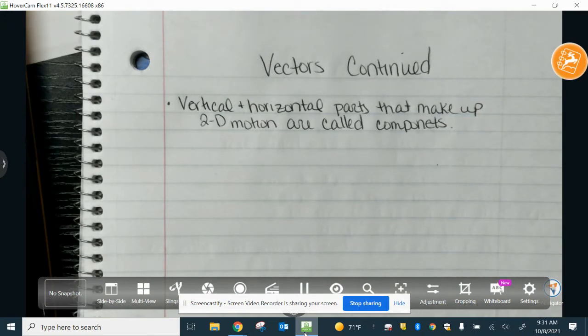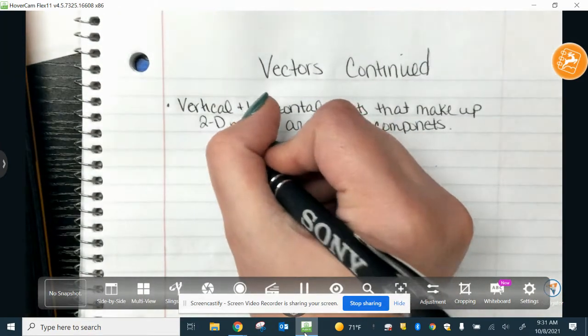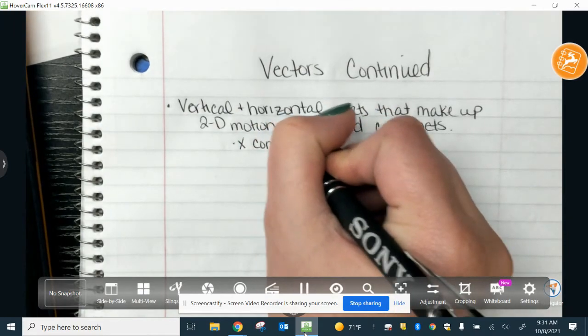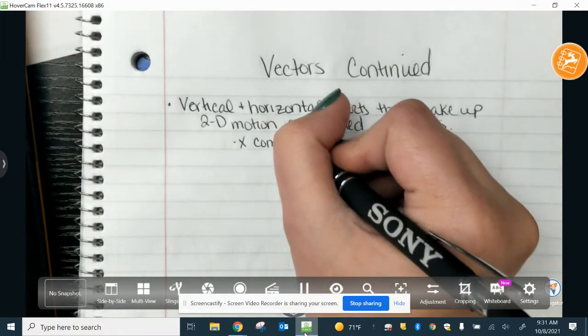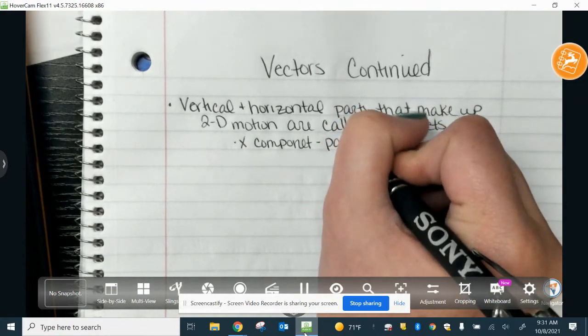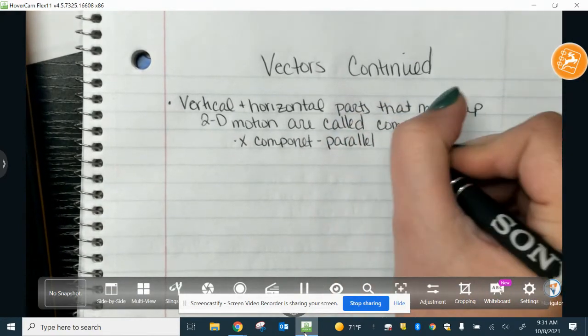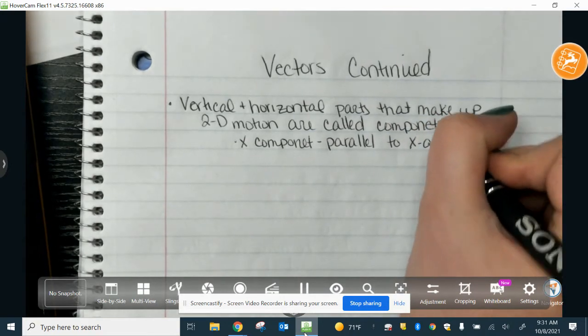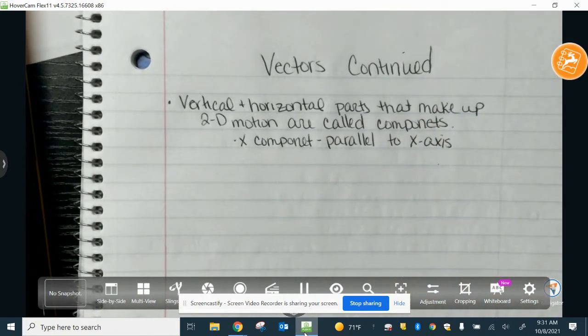It just means parts. So you could have an x component, which is going to be parallel to the x-axis, and you have a y component.